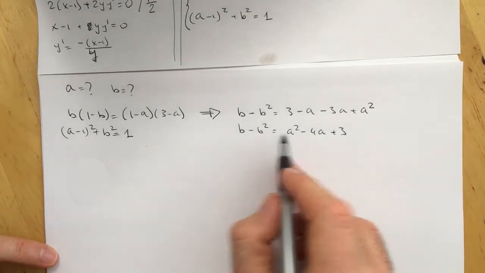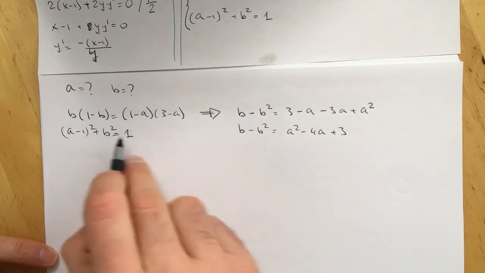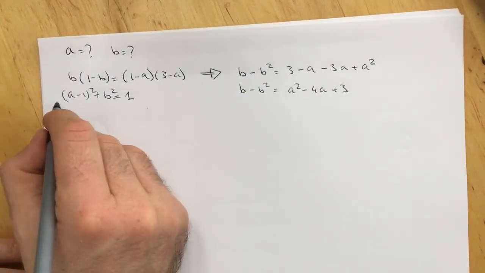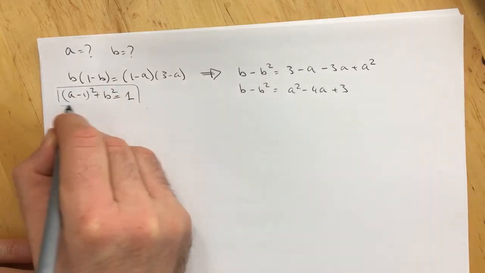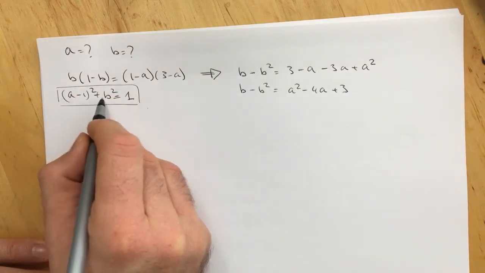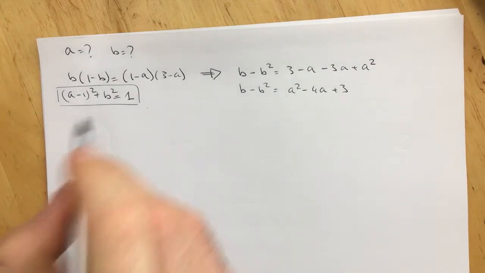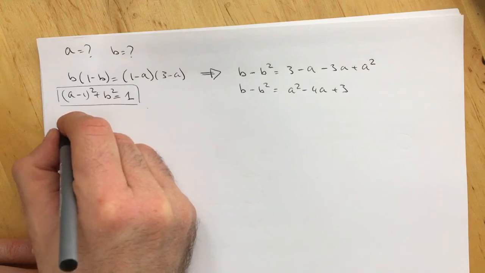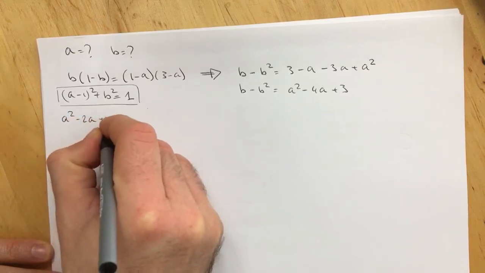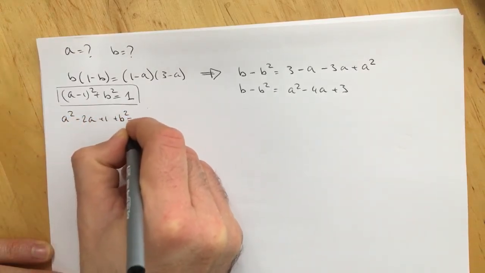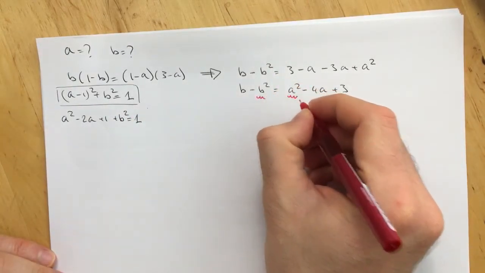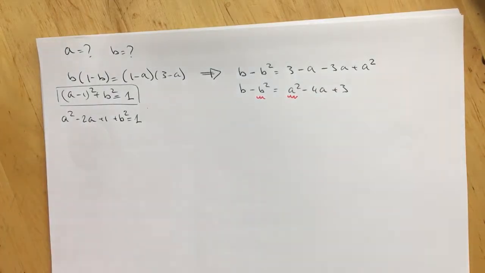So figuring out how to solve these two equations needs a little bit of experience. But here I need to use the equation A minus 1 squared plus B squared is equal to 1, and use this equation here. So what is A minus 1 squared? That's A squared minus 2A plus 1 plus B squared is equal to 1. Okay, so I have my B squared, I have my A squared, I need negative 2A plus 1.